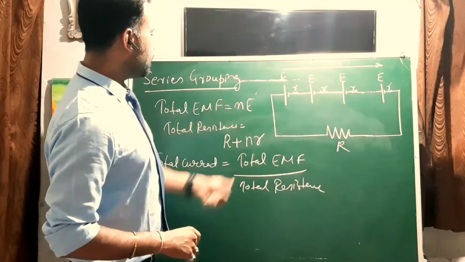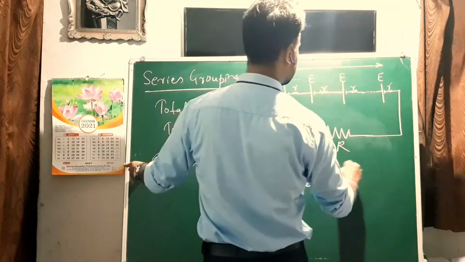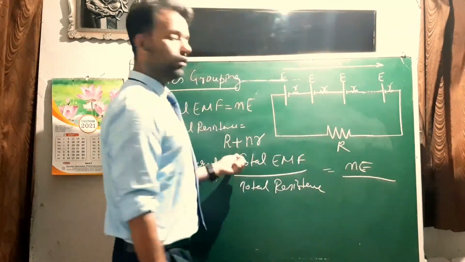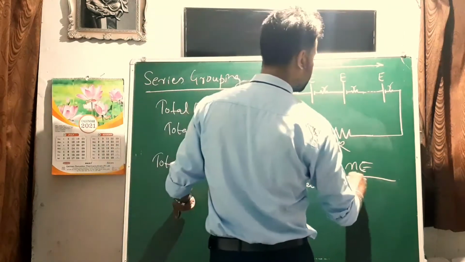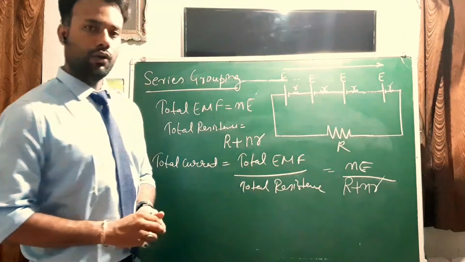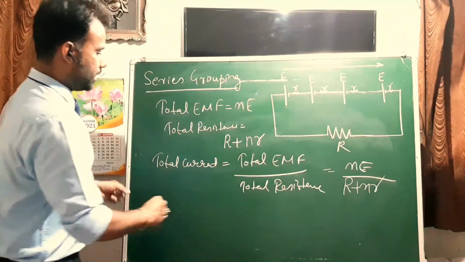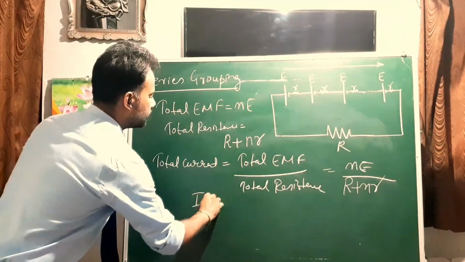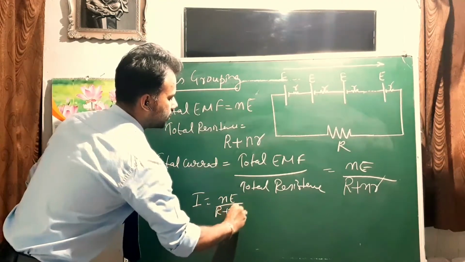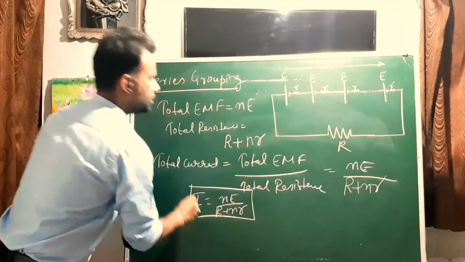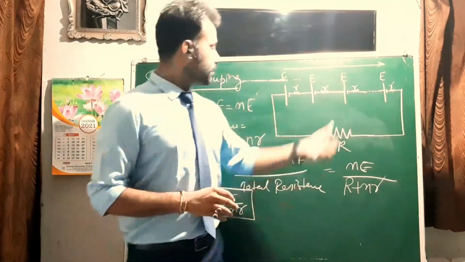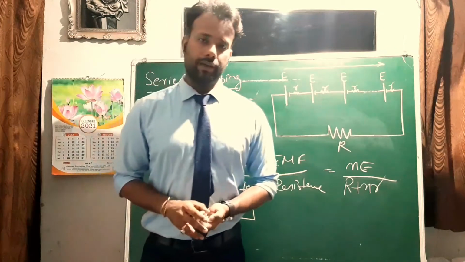What is the value of total EMF? That is NE. And what is the value of total resistance? That is R plus NR. This is nothing but the total current of the circuit, right? So I equals NE upon R plus NR. So this is the total current drawn in this series grouping.